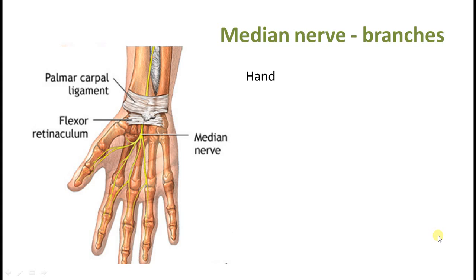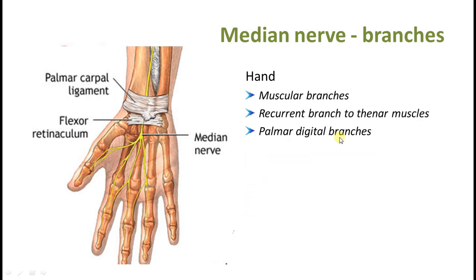Now, branches we have seen: no branches in the axilla. In the forearm, it gives a branch to pronator teres. Then it gives branches to most of the flexors of the forearm, and in the palm, it is going to give branches, mainly the recurrent branch, muscular branches to the thenar muscles, and then digital branches, which supply the lateral 3.5 digits.